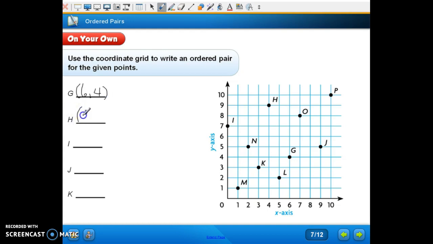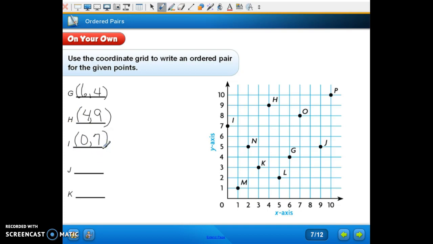Over 4, up 9. Good job. Next. This is I. Over 0, up 7. So (0, 7).